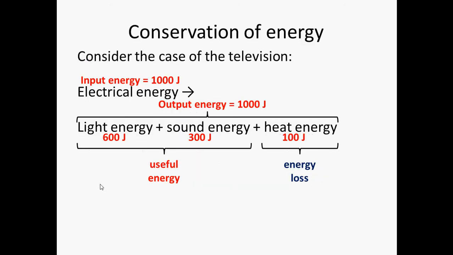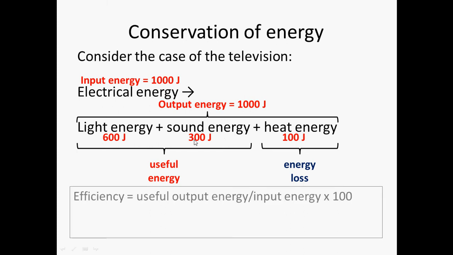So how do you calculate the efficiency in that case? Let's go back to the case of the television. So we already know that the useful energy is the light and sound energy, which generates 900 joules of energy.